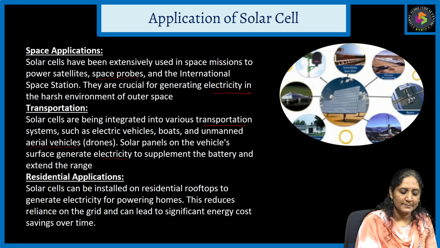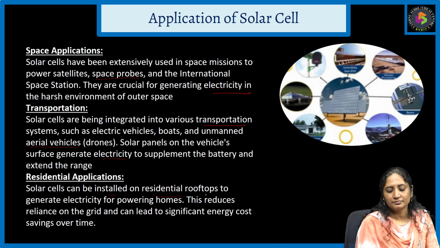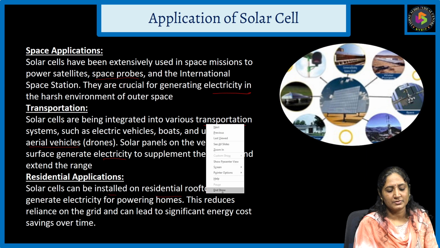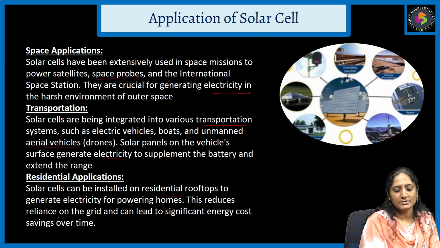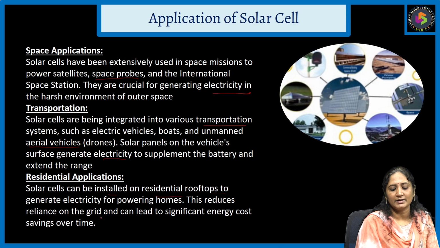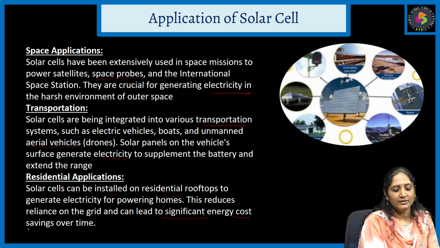And for residential purposes also, we can use solar cells. On rooftops, we can use solar panels to generate electricity for powering the home, a complete power supply to the home. This reduces reliance on the grid and can lead to significant energy cost savings over time.